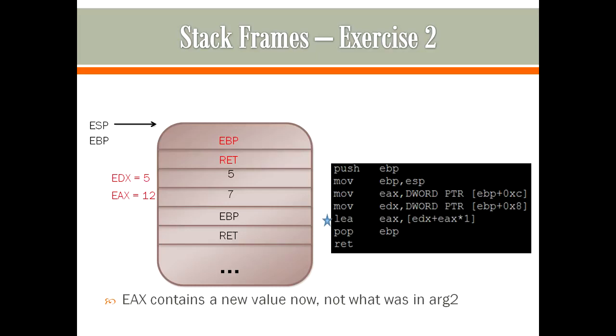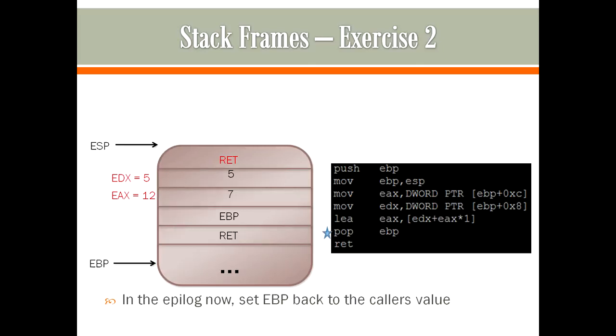The LEA instruction copies the address of the expression EDX plus EAX times 1 dereferenced into the EAX register. Since the effective address is the resulting sum of these two registers, this instruction copies the value 12 into the EAX register. The function needs to clean up now.